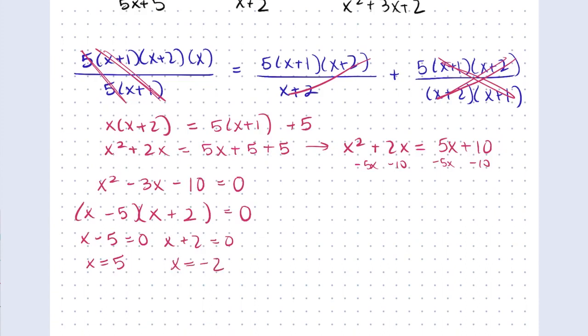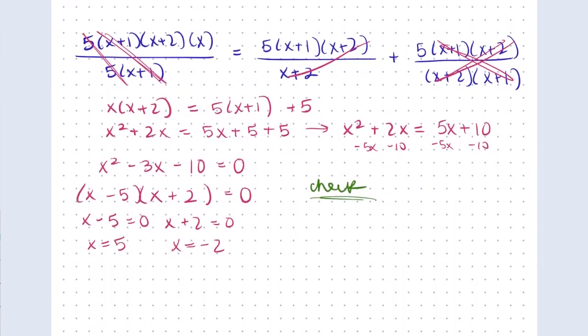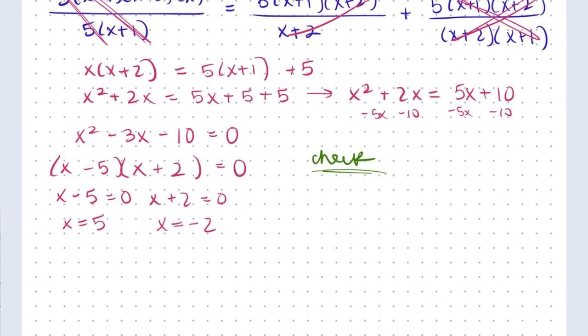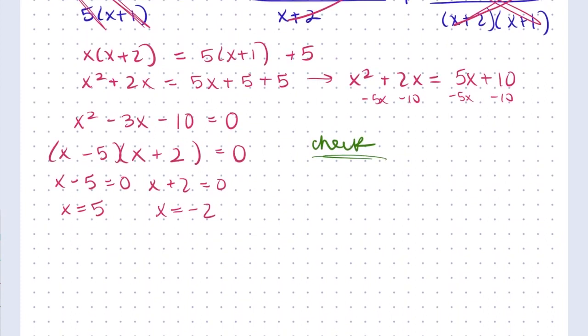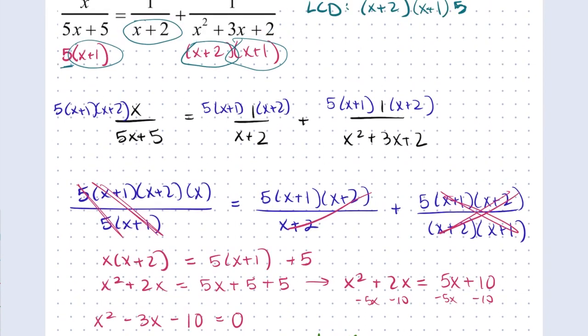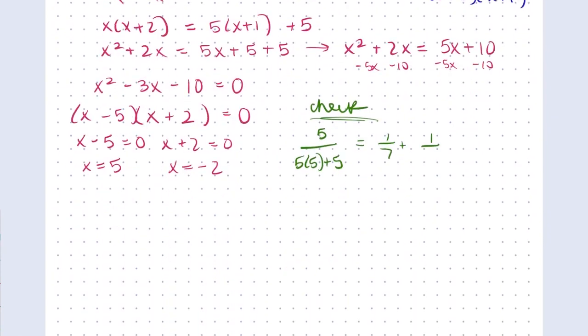But then, just like we did on the last one, you've got to check your work. You've got to check your answers, see if things check out. So if we start with x equals 5 and we plug that in, we're going to have 5 over 5 times 5 plus 5. Lots of 5s there. Then we'll have 1 over 7 equals 1 over 7 plus 1 over, it'll be 7 times 6, so 42.